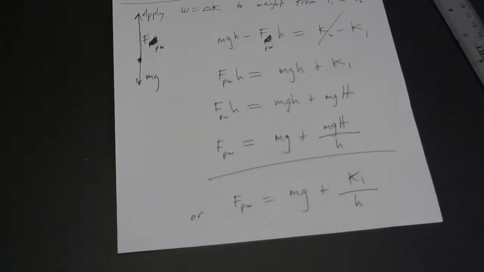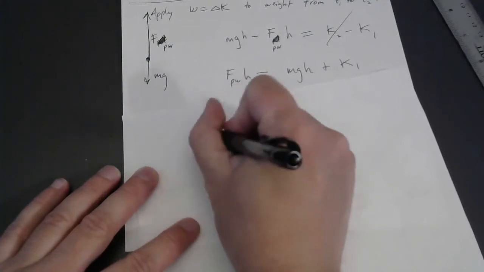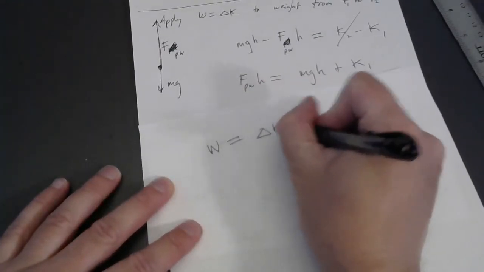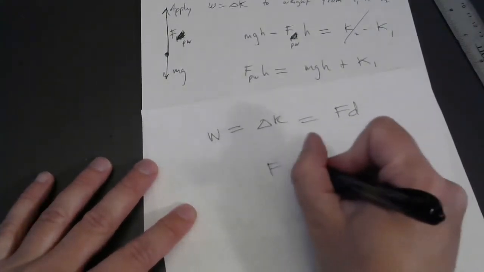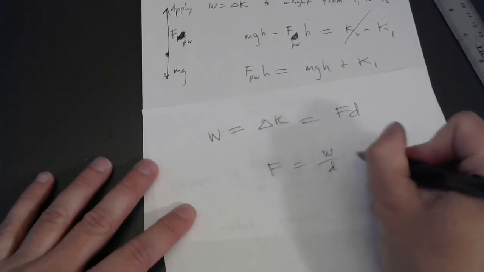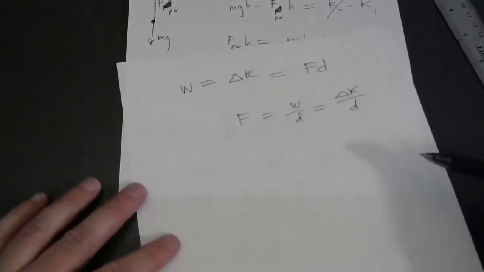So you just keep this in mind. Work, which is delta K, is basically force times distance. So force would be work over distance, or you could say delta K over distance.